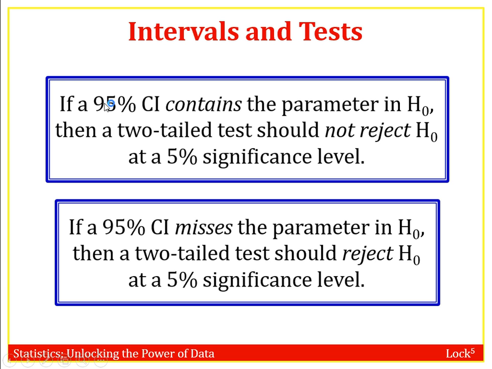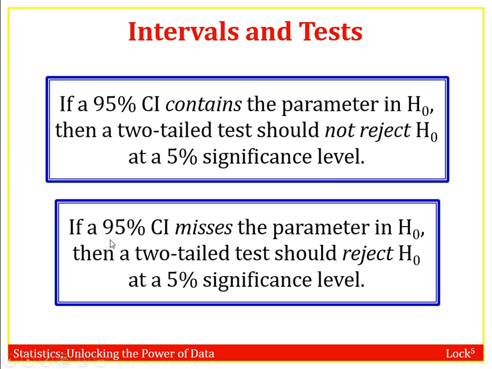By the way, the 95 and the 5% have to add up to 100%. So if this was a 90%, then our significance level would be 10%. If our confidence interval was 99%, then our significance level would be 1%. But basically, if your confidence interval contains your null hypothesis, we don't reject.